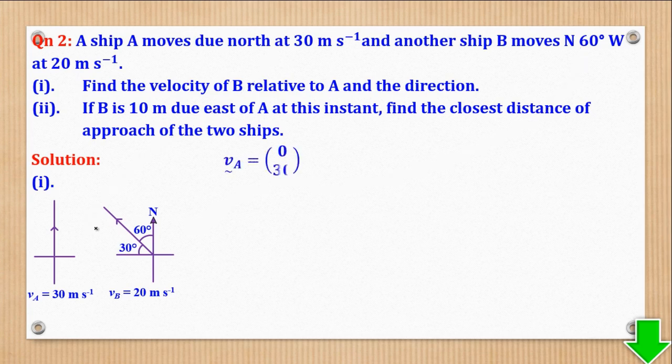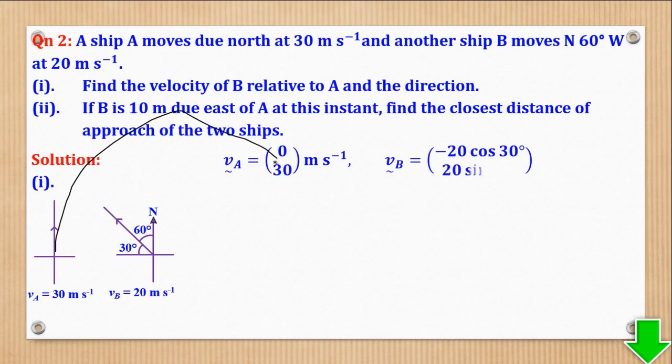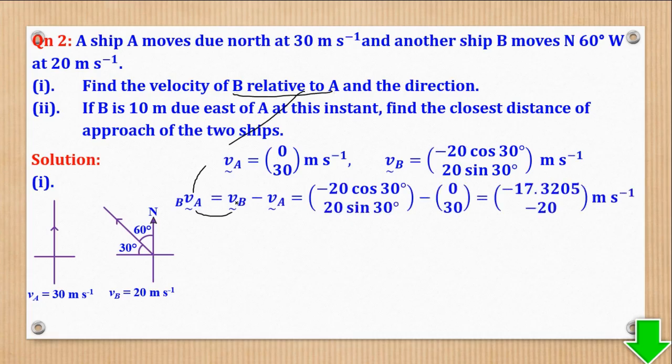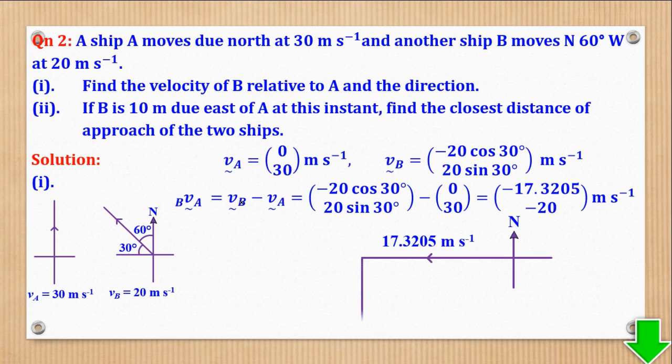So in vector form, this is entirely vertical, so it is 0, 30. This one is negative horizontal, positive vertical, which is this. Therefore, VB relative to A is VB minus VA, to give you this. Then you can draw our right angle triangle. It is negative horizontal and negative vertical.